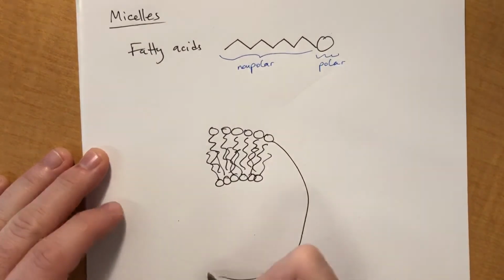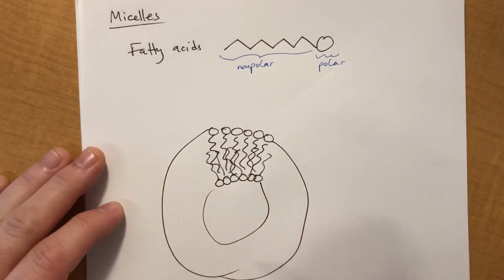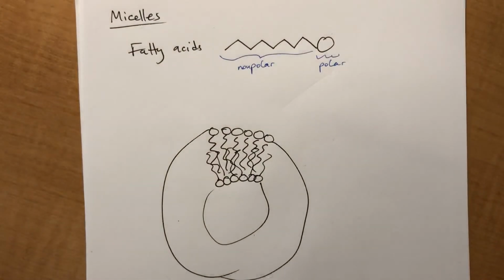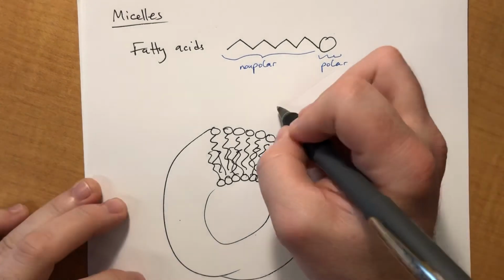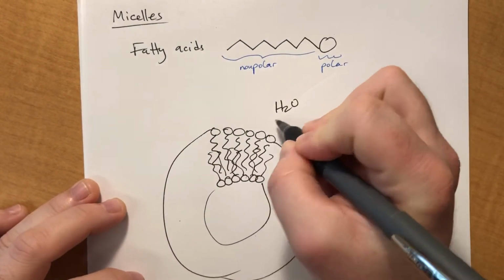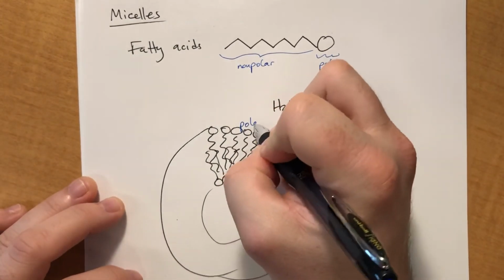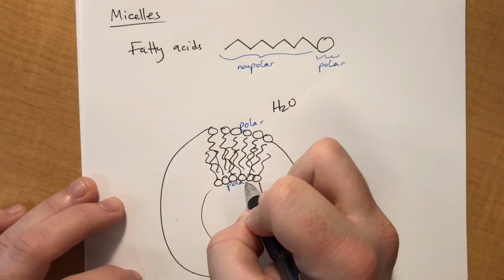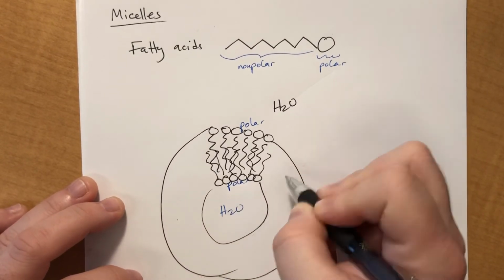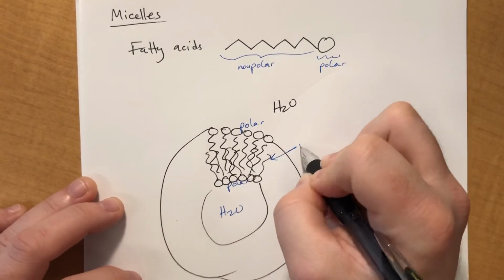And then the whole thing will form a ring. Well, actually it forms a sphere, but we're doing it in 2D here. And the idea is you can have water on the outside because water will interact with the polar end. So this part is polar, and this part is polar, and you'll have water in the middle. The inside part is non-polar.